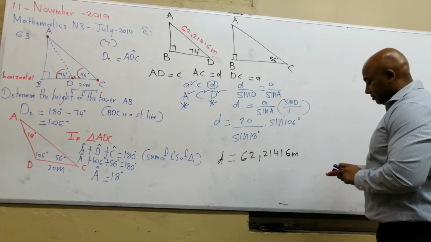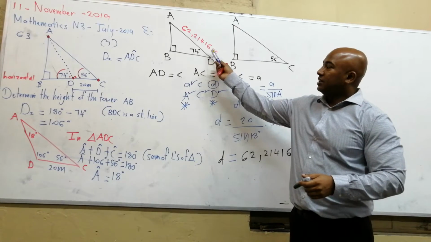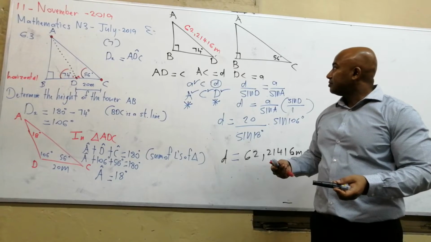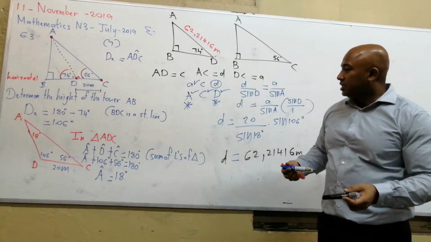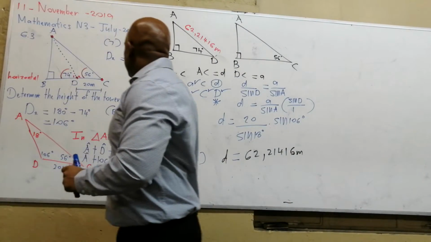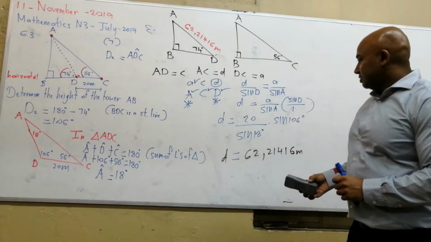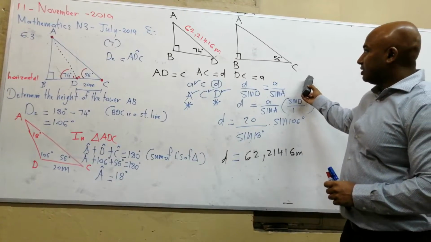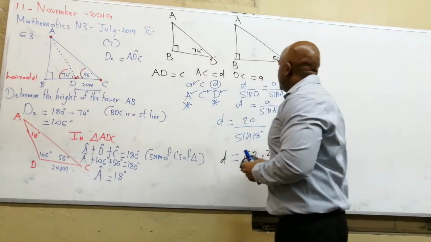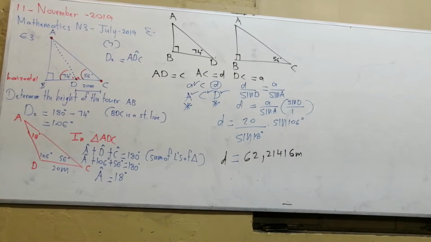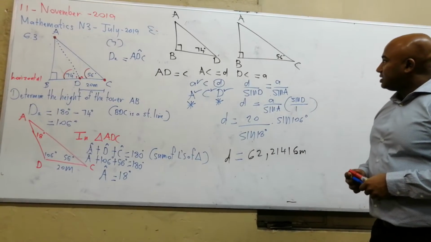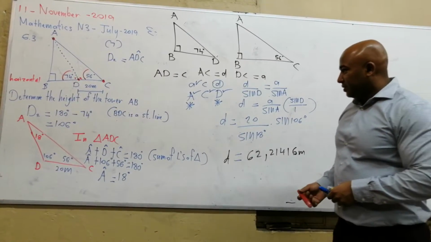So now, we are working with this triangle here. What do we want to find? We are dealing with AC, this one here. ABC. Let me just go back to small letter D. We're dealing with this one here.